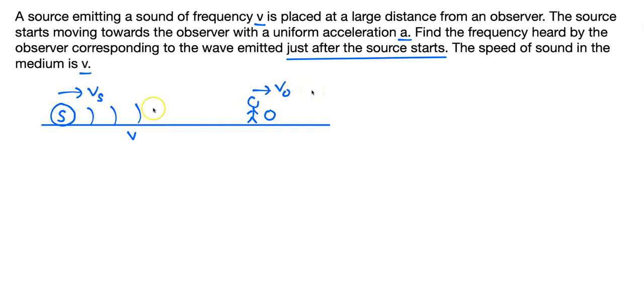The Doppler effect tells us that if this is the configuration, with the source and the observer moving in the same direction, the frequency that the observer is going to hear, which I'll call the frequency observed, equals nu, the frequency of the source, times v minus vo divided by v minus vs. Here v is the speed of the sound in the medium, vo is the speed of the observer, and vs is the speed of the source.